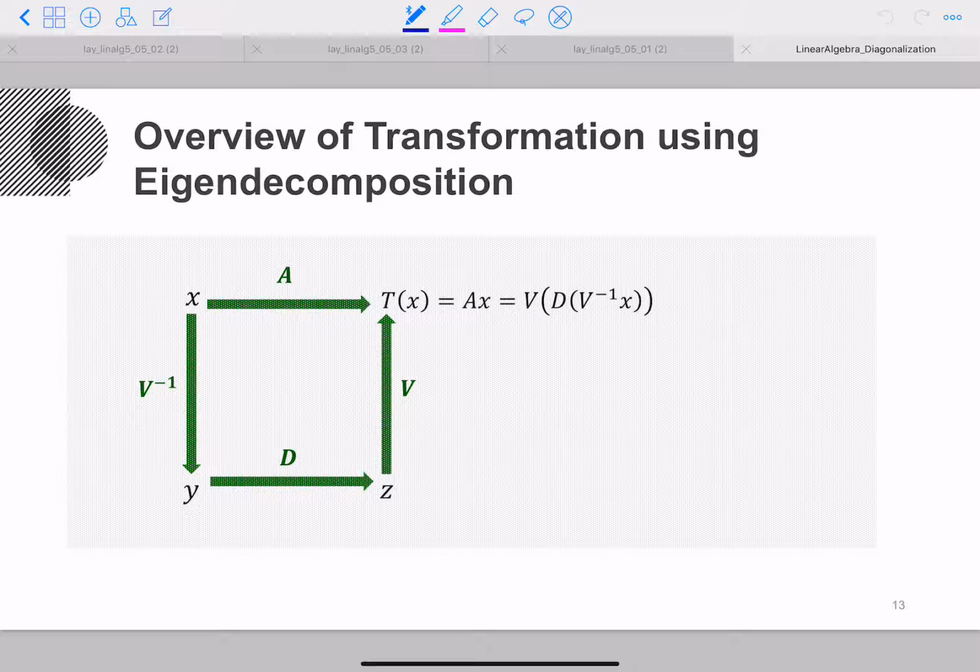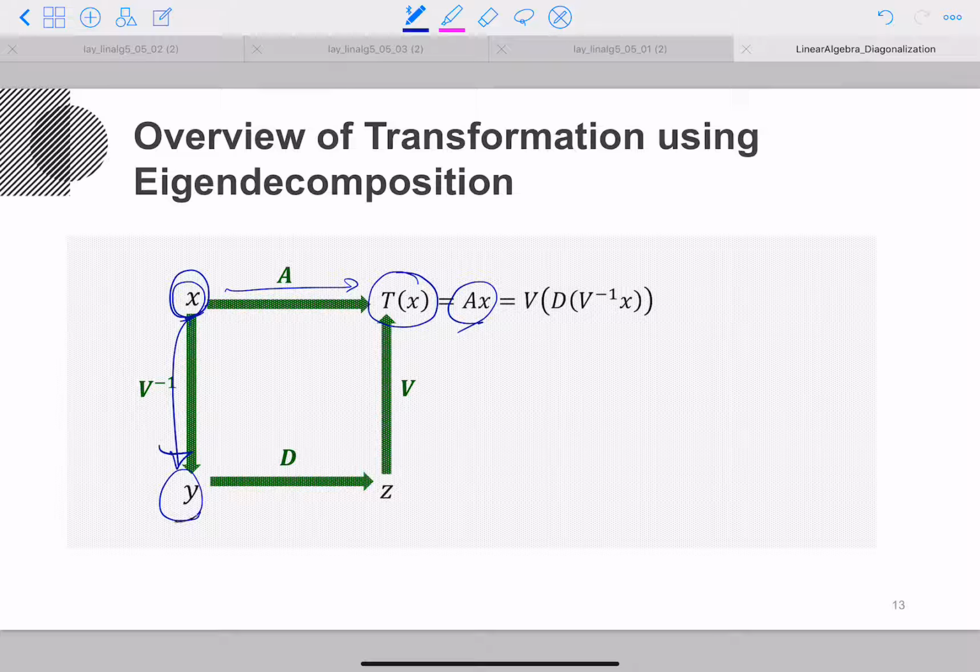Okay, so at a high level we represented the input vector x, and this linear transformation is called T(x), right? It's Ax. Then we changed the coordinates with respect to the new basis, where the bases are the eigenvectors, right?